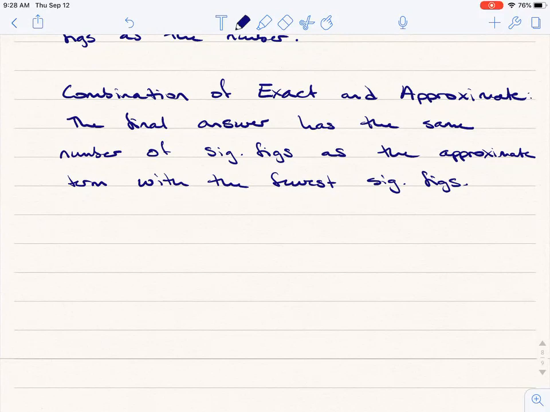Was it 3 sig figs or 3 decimal places? 3 sig figs. Okay. Yeah. I get the 3 sig figs.